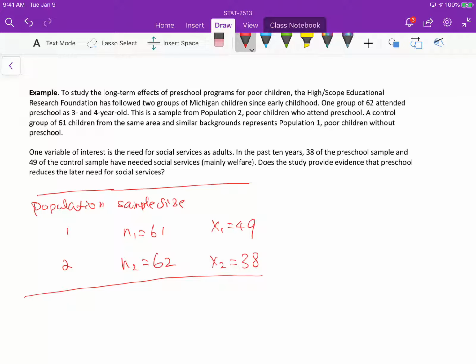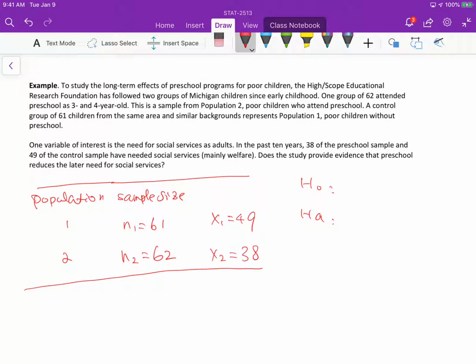So let P be the proportion of people who need social services. We need to identify null and alternative hypotheses, right? First we identify the alternative hypothesis, because this should be the thing that we want to find evidence for.